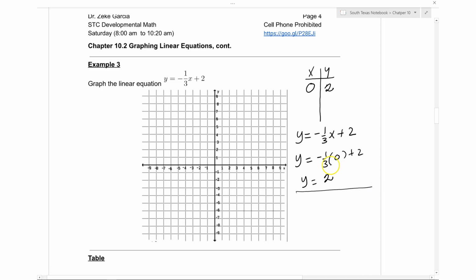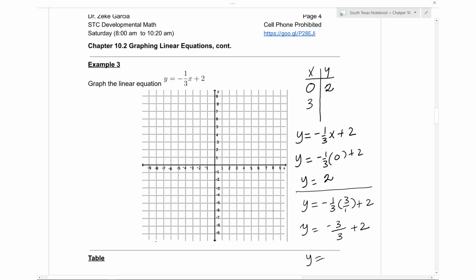Since our fraction is 1/3, we would like to use a number that's divisible by 3, and we know that 3 is divisible by 3. So we have y equals negative 1/3 times 3, and since it's a whole number, I'm going to say 3 over 1, plus 2. We have negative 1 times 3, which is negative 3, divided by 3 times 1, which is 3, plus 2.